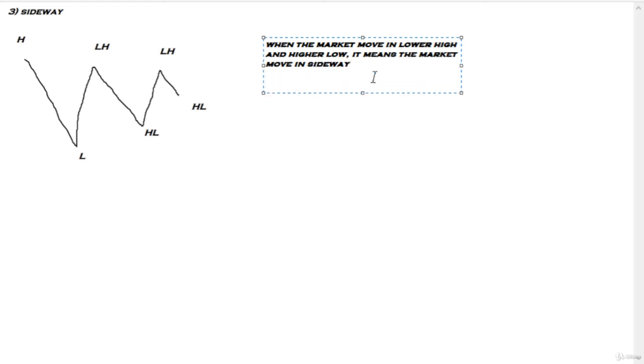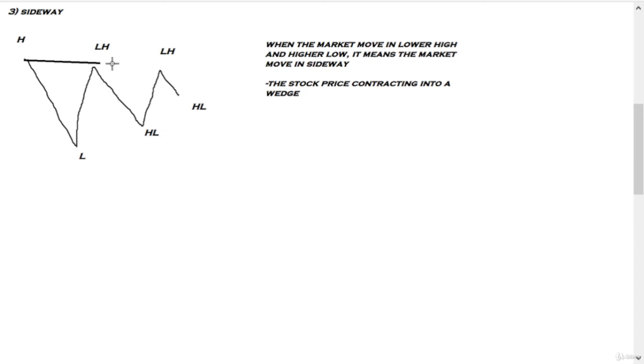What you can see here is the stock price contracting into a wedge, forming a wedge. From this price to this price, they end up meeting each other, this line to this line. So over time, it becomes contracting.